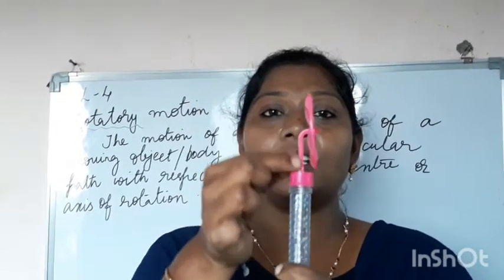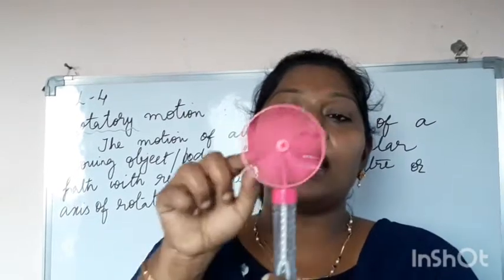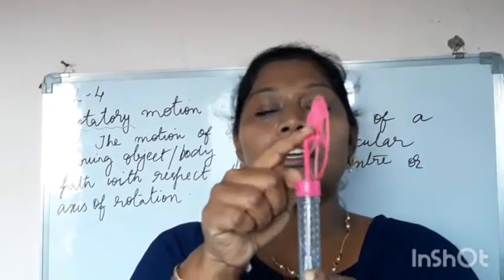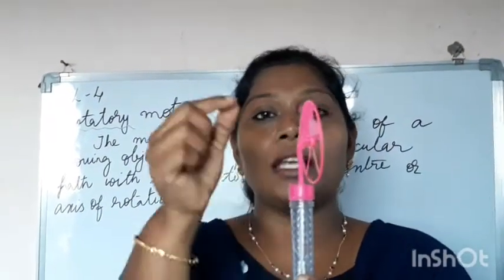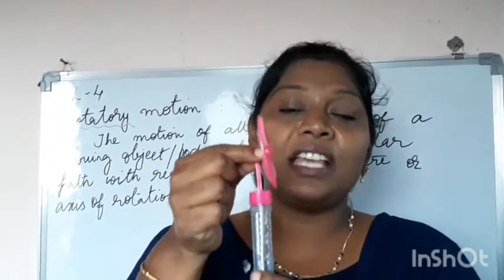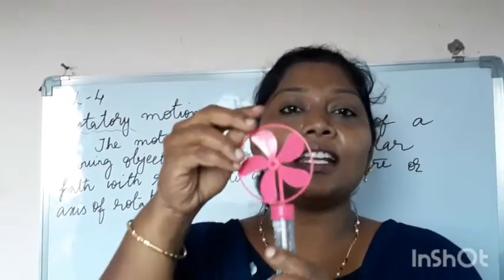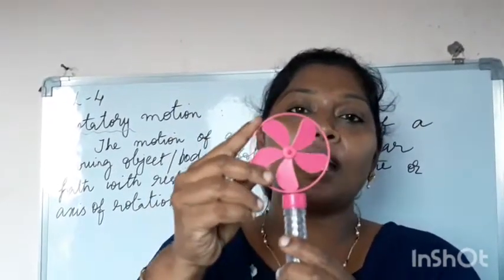There is a joint so that it can move about this center point. So this center of support is useful for the object to move in a circular path.